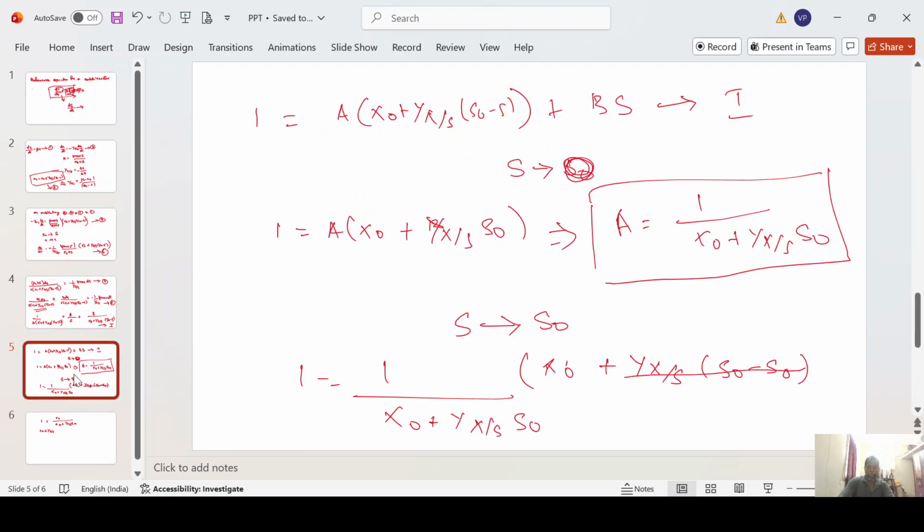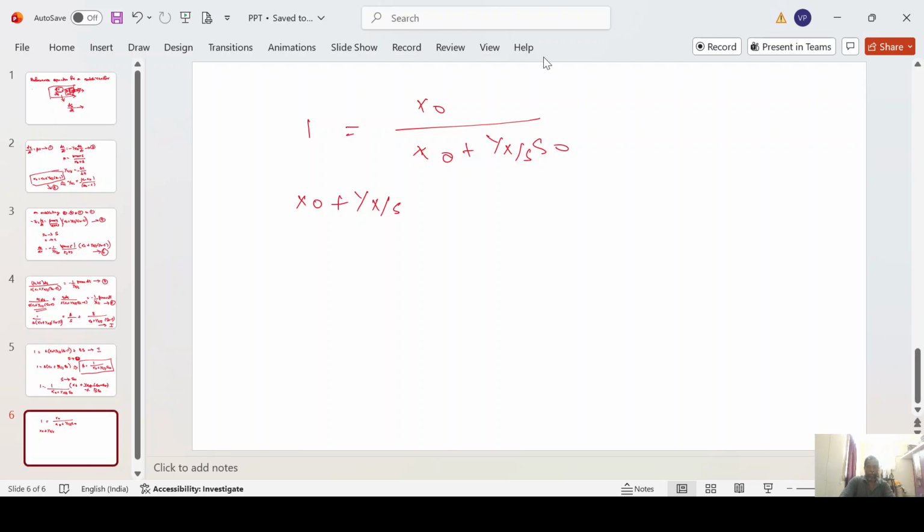This is going to be plus b s naught. The term b s naught must be there, so plus b s naught.